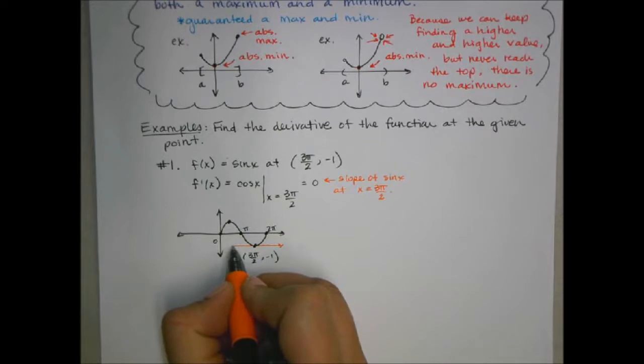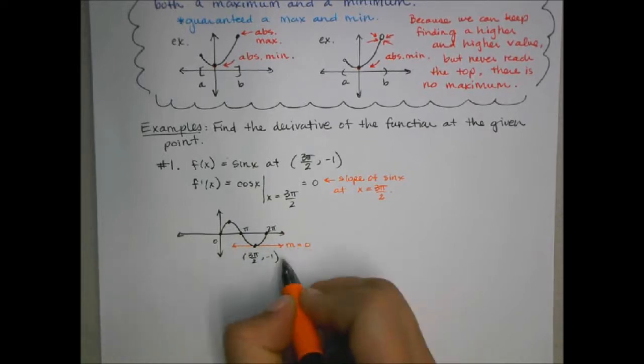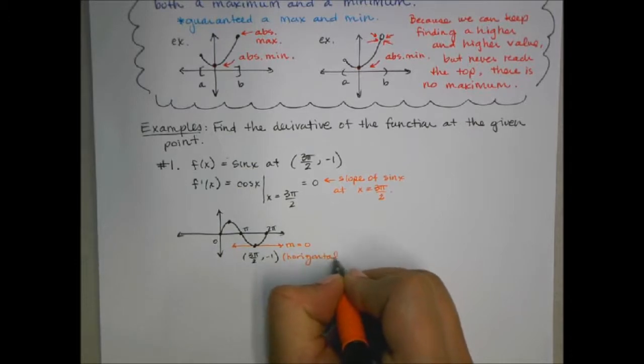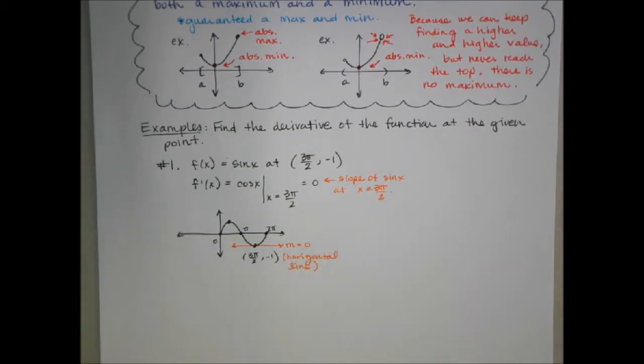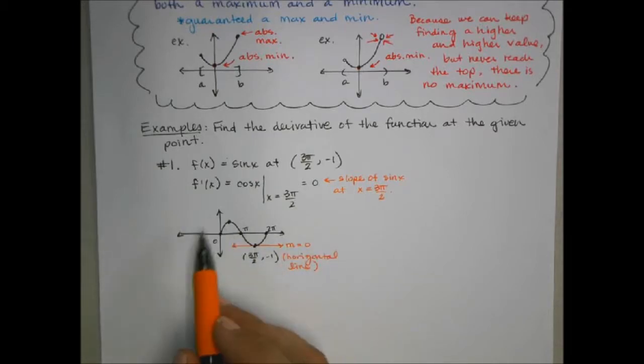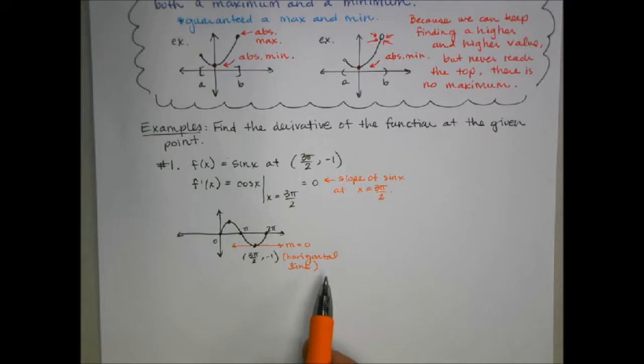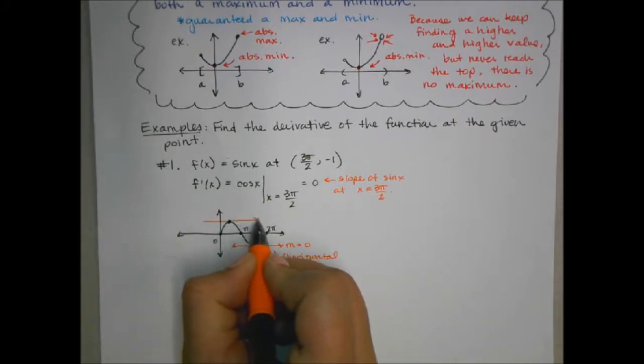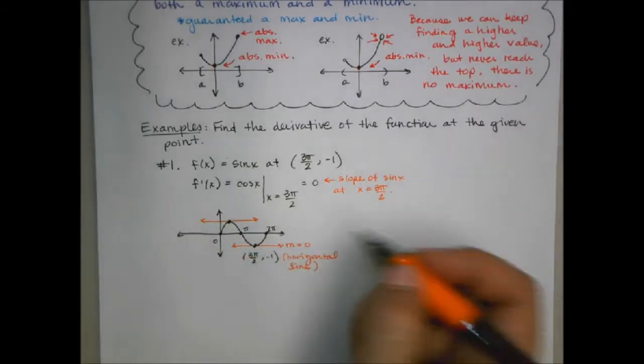So a slope of 0 is a horizontal line. What I want you to notice here is that this point is a minimum. There's another time in the curve when I have another slope of 0, another horizontal line, and that's going to happen up here at this point, and this point is a maximum.